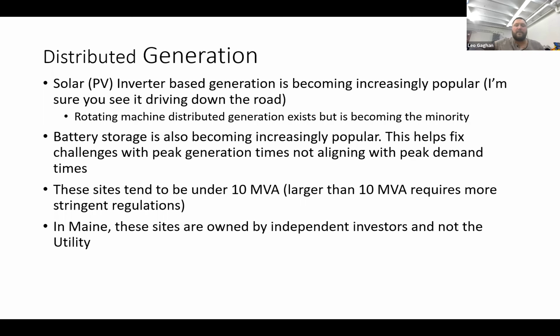Another big thing that's going along with that, they kind of have to go hand in hand at times, is battery storage. Battery storage helps fix challenges with peak generation not lining up with peak demand times. So you've got to think, noon, you're going to have your peak generation with a solar PV type of generation.